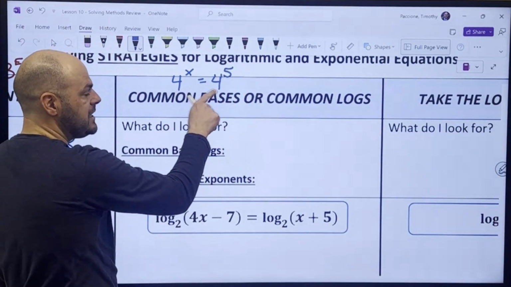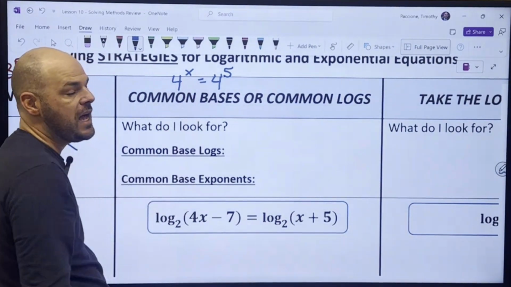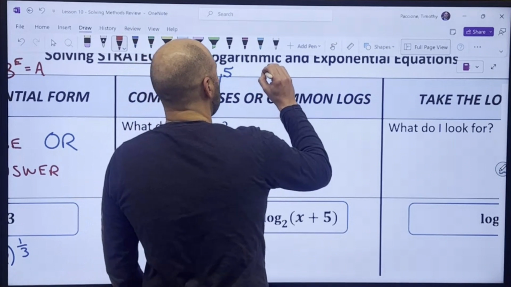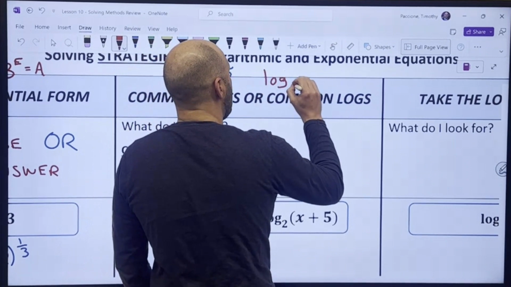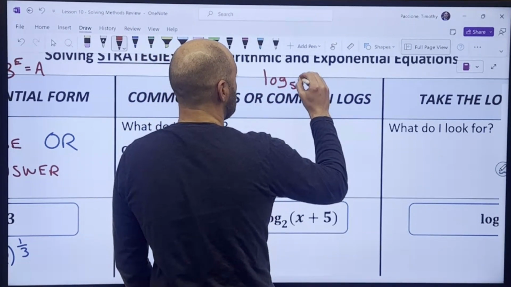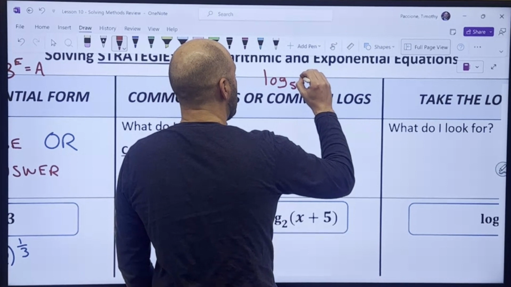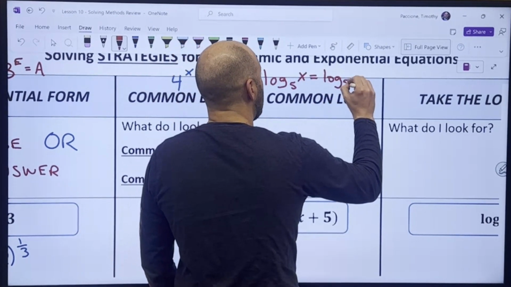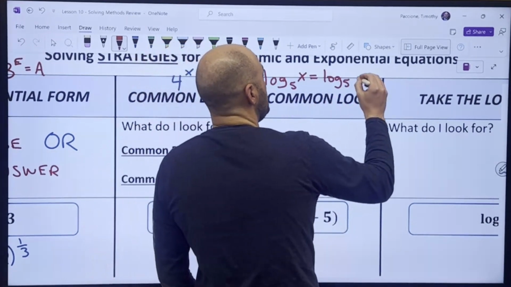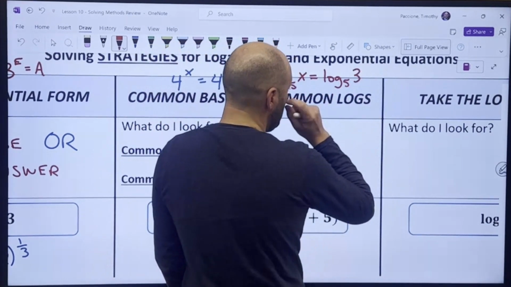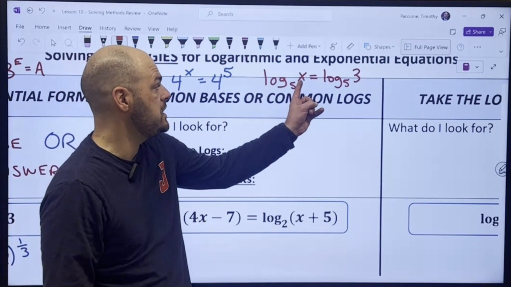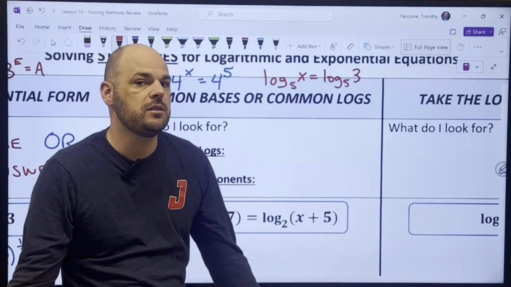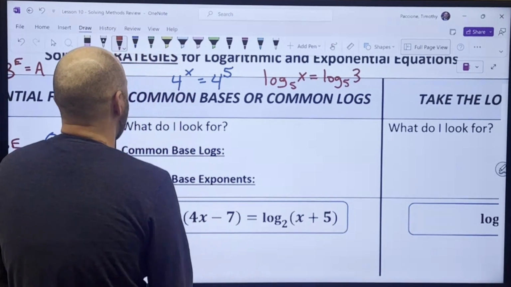Well, if 4 to the x equals 4 to the 5, x must be 5. Common bases, right? And then common logs would be if I have log base, any base, doesn't really matter, of x equals log, and then it has to be the same base as the first one, of 3. Well, the only difference between these is x became 3, so x equals 3, right? These are our common situations, common bases or common logs.